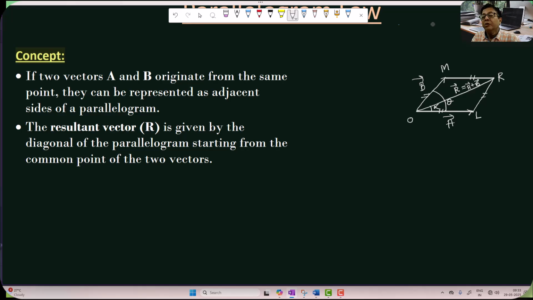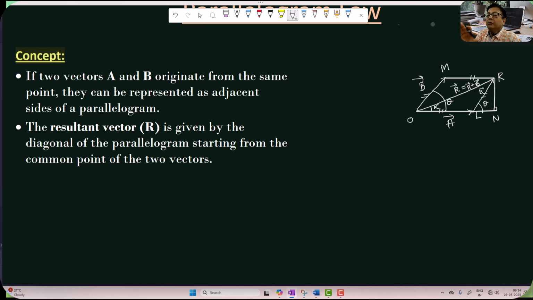We can find the length of this vector, the resultant, by completing a triangle over there which is going to be a right angle triangle. We have produced a vector OL. Draw perpendicular from R, this perpendicular be RN. Now if this one theta and this is vector B, it's quite obvious that this one is also going to be vector B. And this angle is also equal to theta.